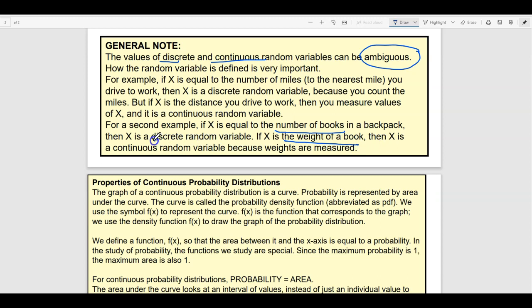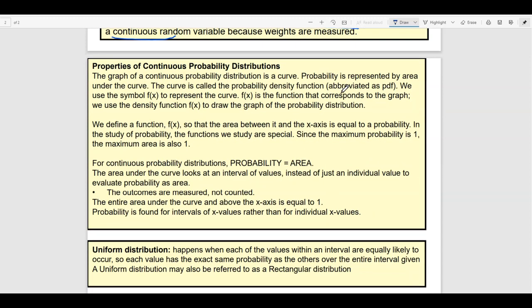The number of books is discrete and the weight is continuous. If I ask you the number of miles to the nearest mile, you will say 12, 13, right? But if I ask you the distance you drive, and I'm not asking you to round off, then it's going to be 12.3 or 13.4. See the difference?